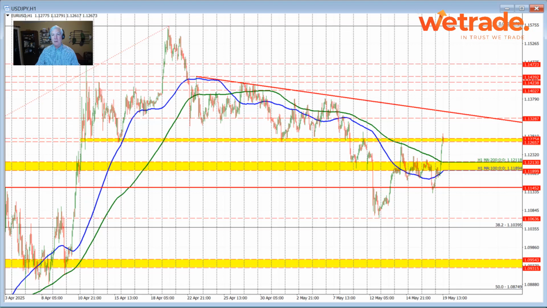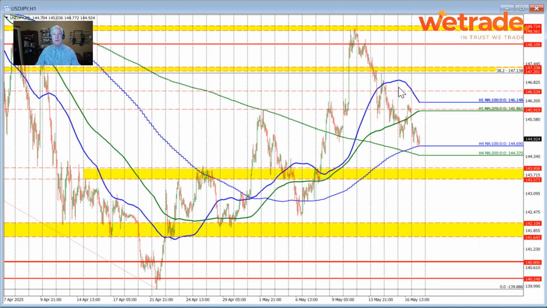Let's take a look at the dollar versus yen next, and we'll look at the hourly chart. As you can see, the hourly chart has been on a downward trend, but on Friday we did see a rebound back to the upside, so the price went back above the 200-hour moving average. That move to the upside sort of failed into the close, and we did close a little bit below that 200-hour moving average. In trading today, we continued the downward momentum in up and down fashion.